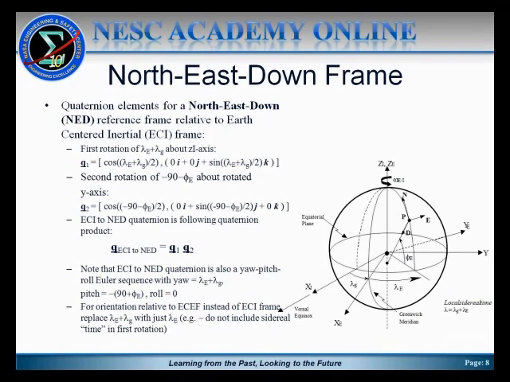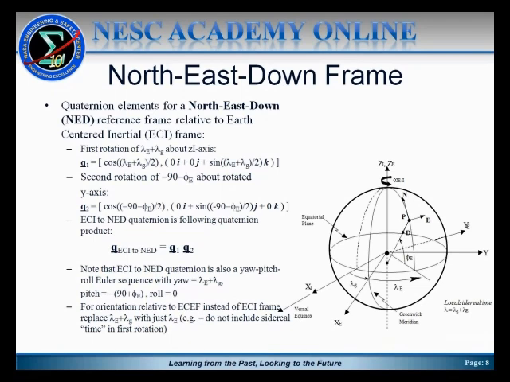So assuming you are familiar with quaternions or have reviewed that presentation, you can define the quaternion for this Earth-Centered Inertial to northeast down frame as the product of two quaternions. The first quaternion represents a rotation of geodetic longitude lambda sub e plus sidereal time lambda sub g about the z-axis, and is shown there.